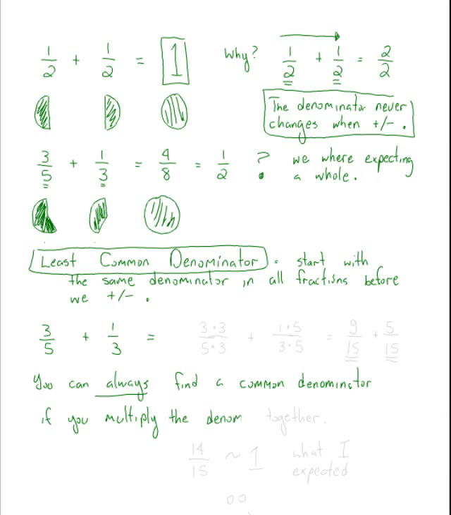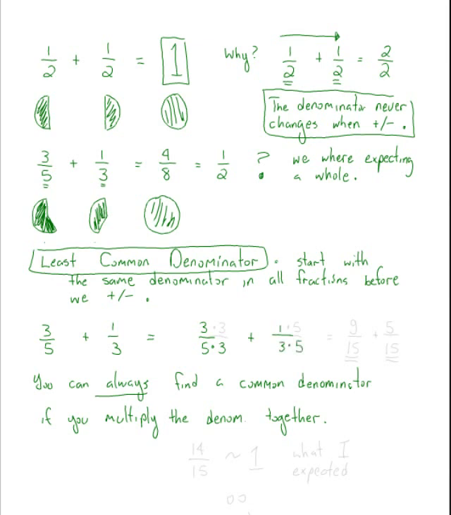I'm going to do shorthand because it's getting kind of long. Here, the denominators are 5 and 3, and so I'm going to multiply the 5 by the 3, and I'm going to multiply the 3 by the 5.